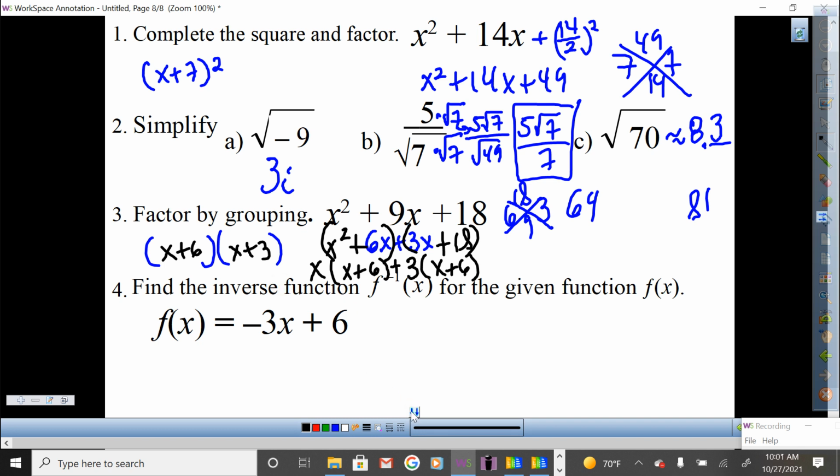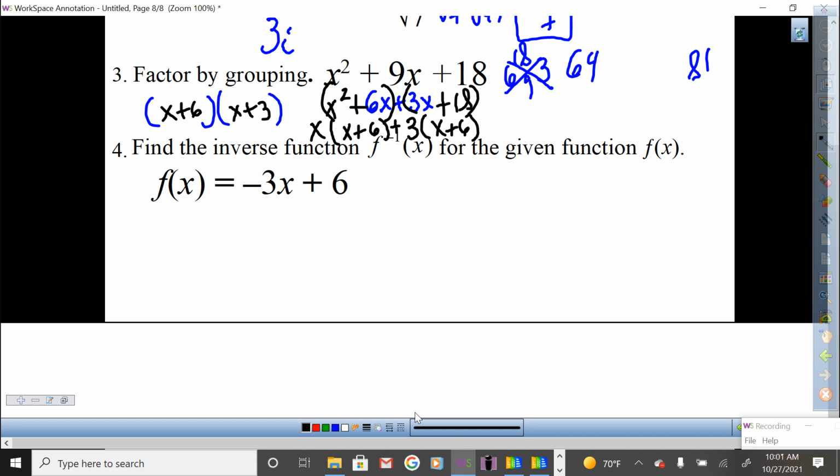And last but not least, number 4. What'd you get for the inverse on this one? Adrina, pick someone. Raymond, what'd you get for number 4? What is it?